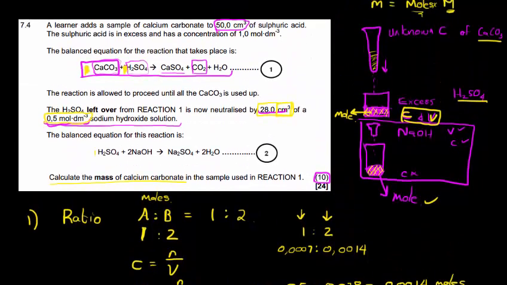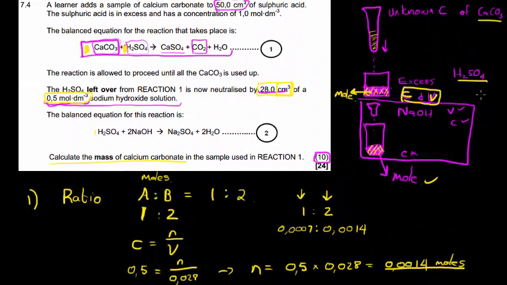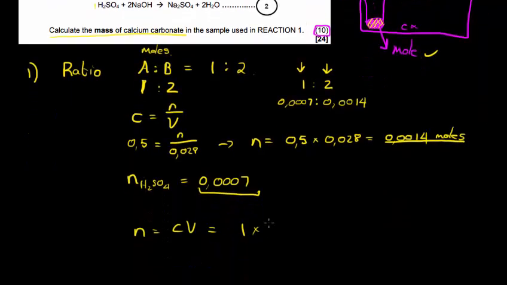The volume I had in the beginning, again they give me centimeter cubed, so I must divide by 1,000. That gives me 0,05 cubic decimeters, which means initially I had 0,05 moles in this container.